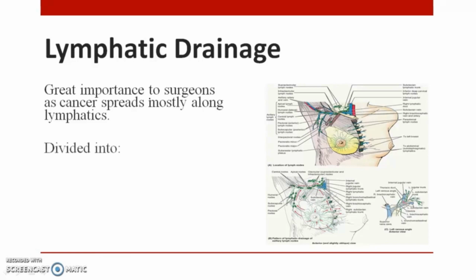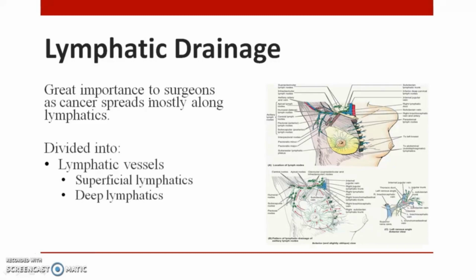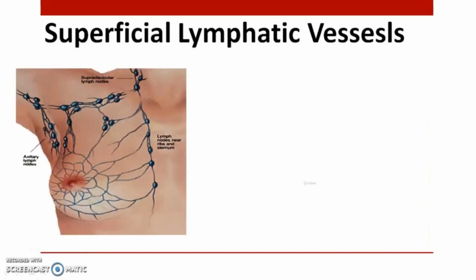So again we are dividing into two: lymphatic vessels, which are divided into superficial lymphatics and deep lymphatics, and lymph nodes at last, where all these lymphatic vessels get drained. So we are going to see the lymph system of the mammary gland by lymphatic vessels, and how these lymphatic vessels drain into lymph nodes surrounding the mammary gland. We can move on to superficial lymphatic vessels first.